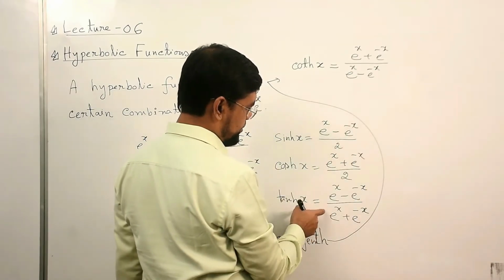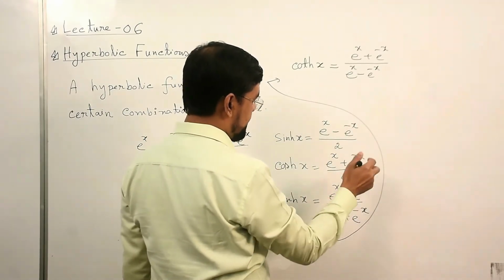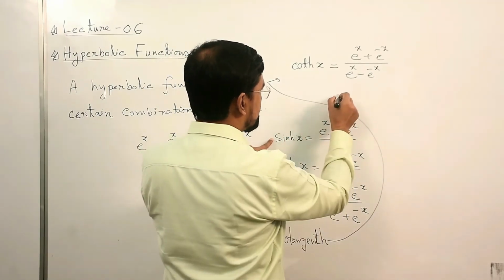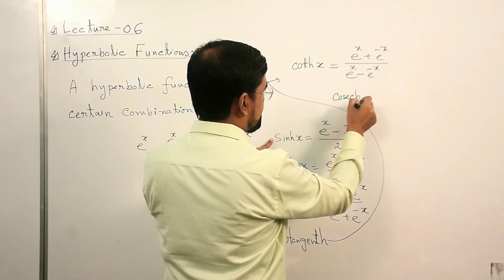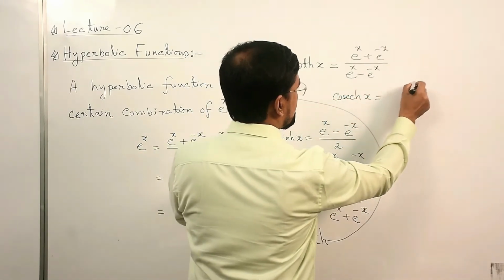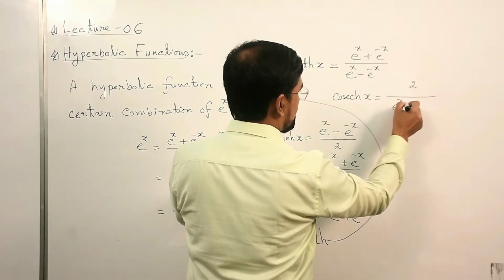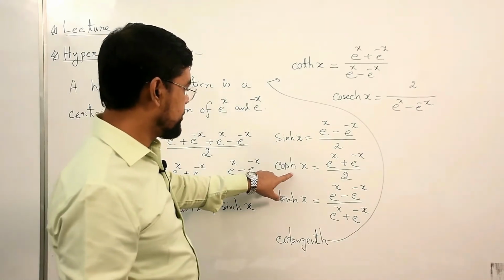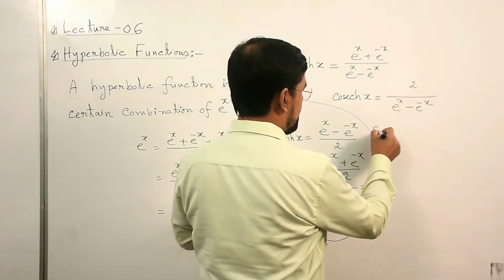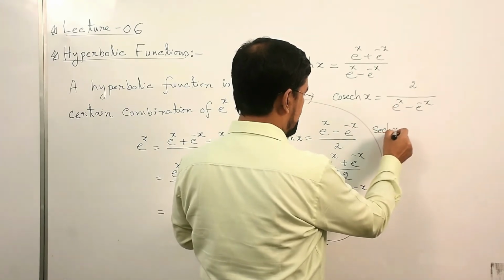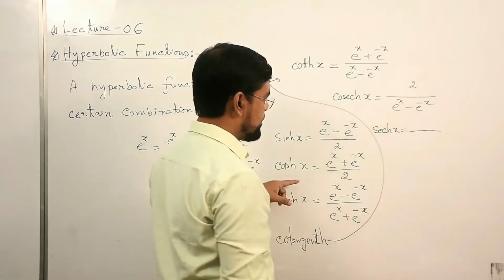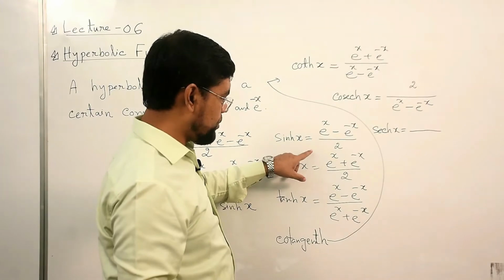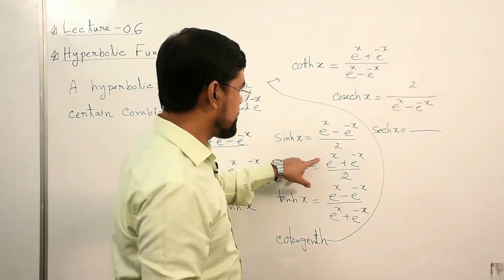So this one is nothing but the opposite of this fraction, and from this one we can write cosec hyperbolic of x is equal 2 divided by e to the power x minus e to the power minus x, and from cosine one we can write sec hyperbolic of x equal just the inverse of this fraction, because we know cosine hyperbolic of x equal 1 by sec hyperbolic of x.